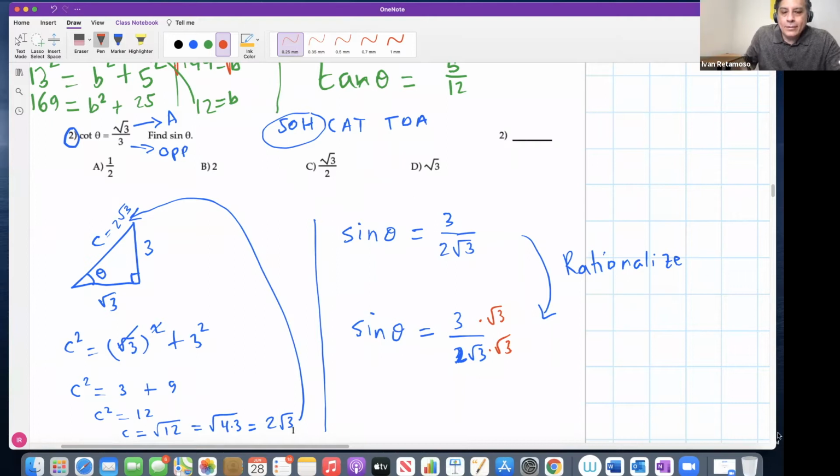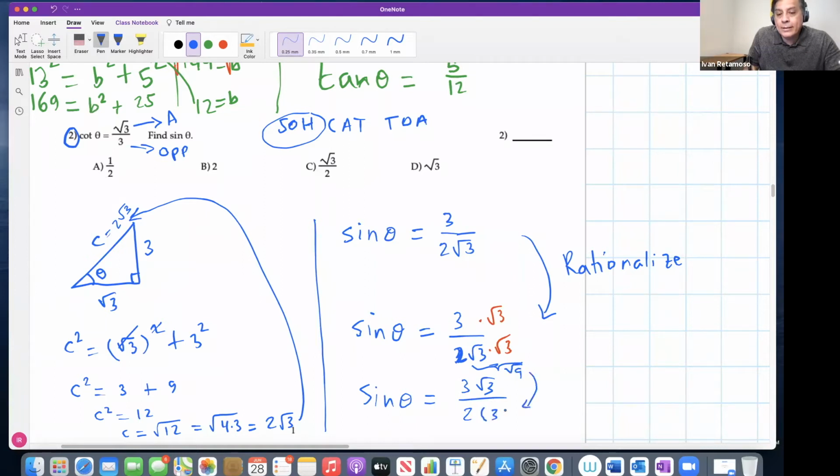Yeah, great. So this will be sine of theta equal, they're asking for sine, right? Very good. 3 times square root of 3 over here, 2 times. What is this? This is a square root of 3 times square root of 3 is square root of 9, right? But the square root of 9, isn't it just 3?